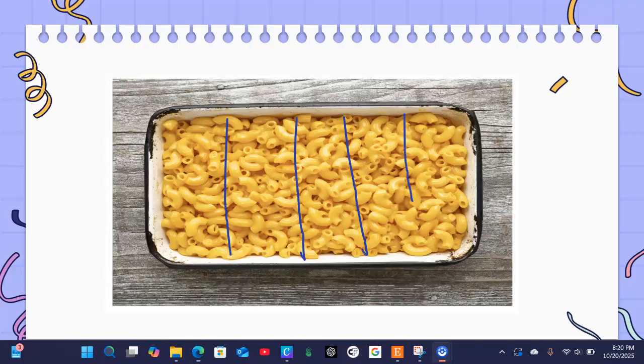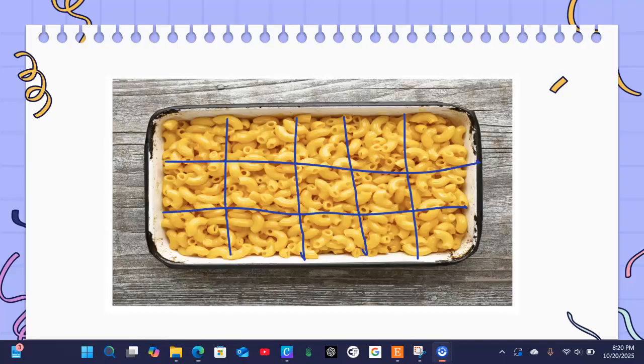Depending on how big you want your slices, you could slice it up like this. You could slice it up like this. Any way you see fit in order to make sure the amount of people that is going to be served the mac and cheese will have an equal portion is what you will cut it into, right?